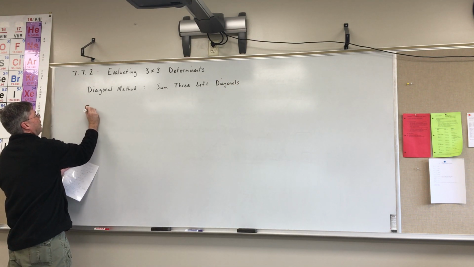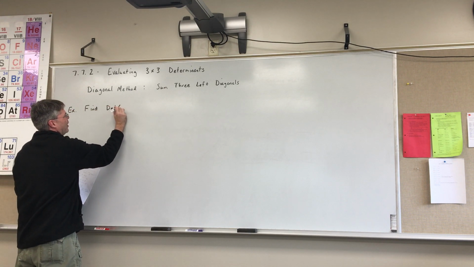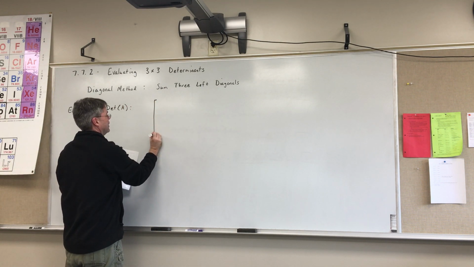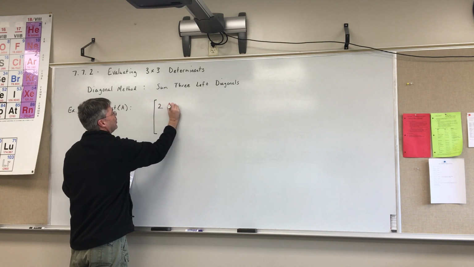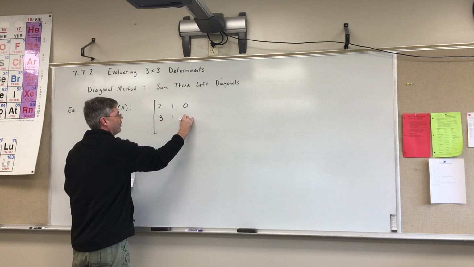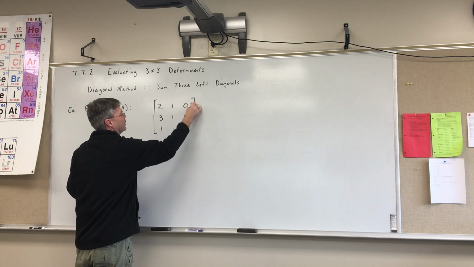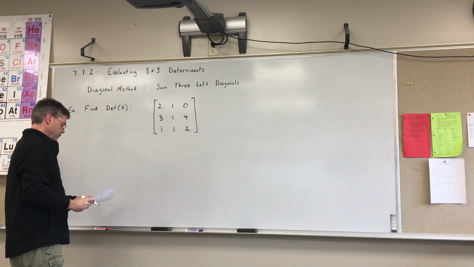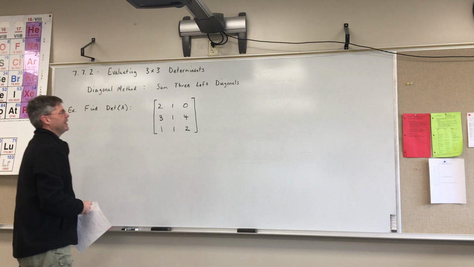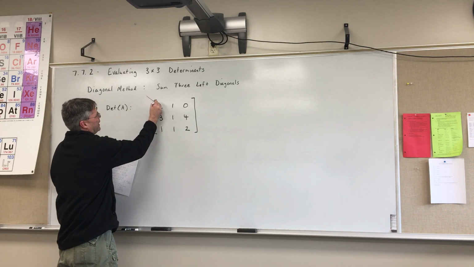Okay, so here's our matrix, our example. Find the determinant of matrix A, and matrix A is 2, 1, 0, 3, 1, 4, and 1, 1, 2. All right, I'm going to use a couple of different colors to show you the 3 left diagonals. Okay, so diagonal 1 is just right down the center.